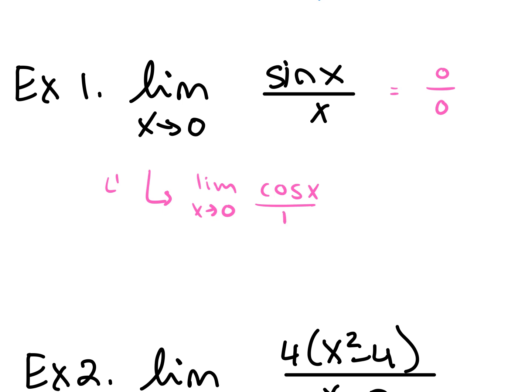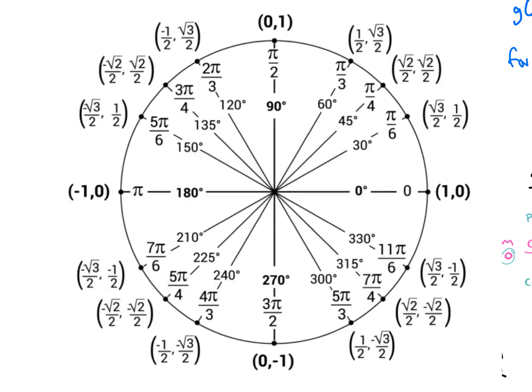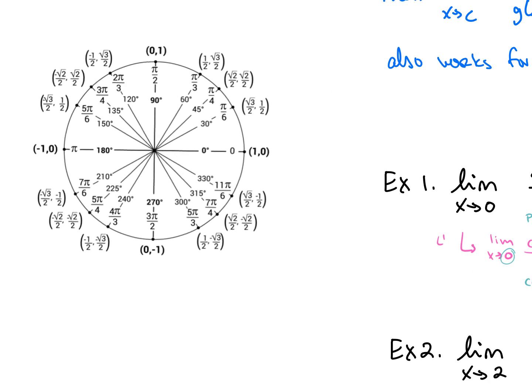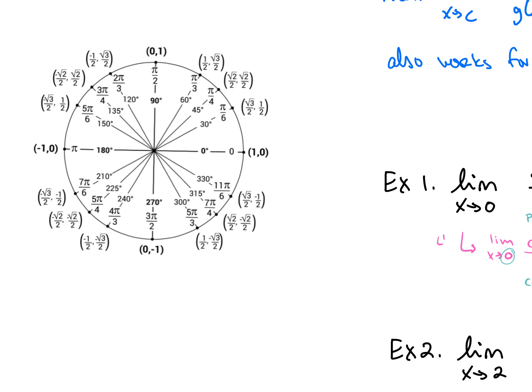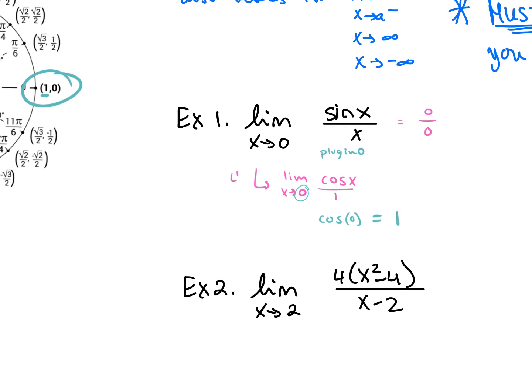Now we can use direct substitution and plug in 0 into our cosine. I'm going to put our unit circle here just so we can see. Hopefully we've done it so many times at this point. Cosine of 0 tells us we look at the x value, so that would be 1. So our limit would be 1.